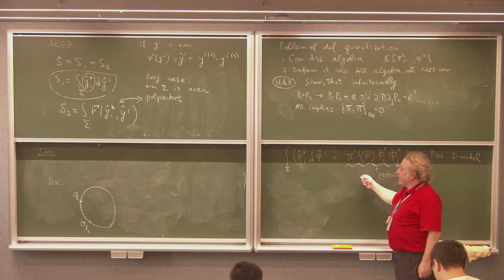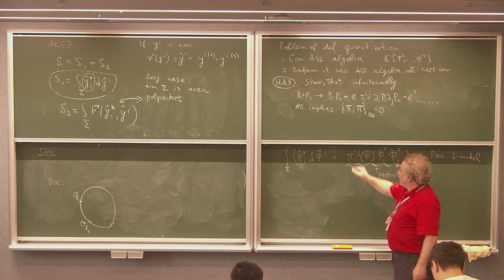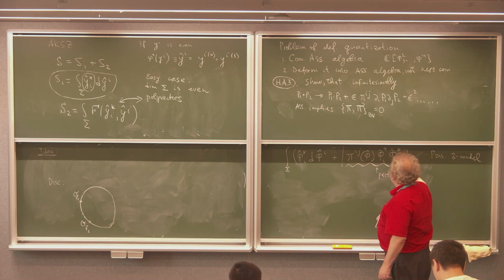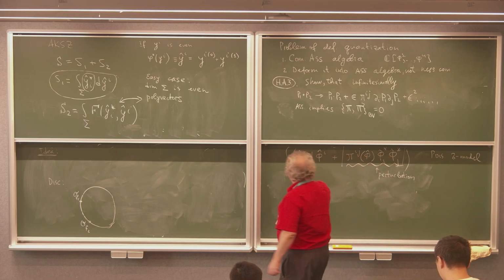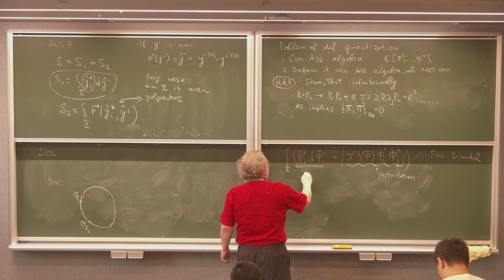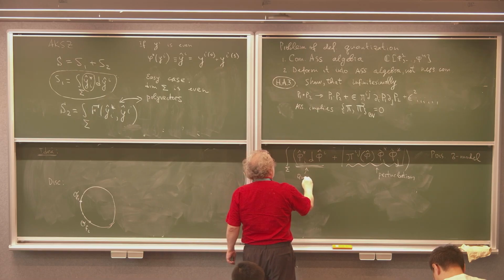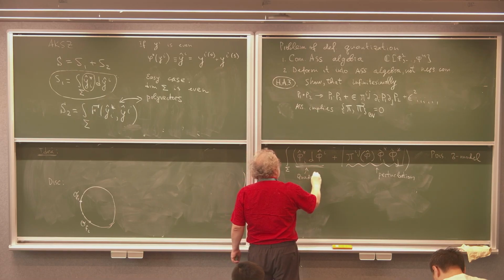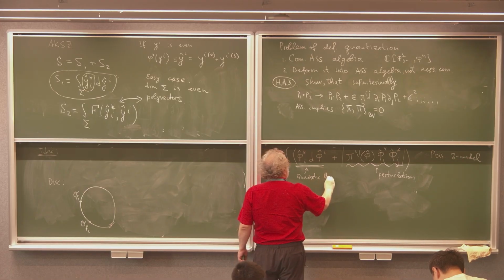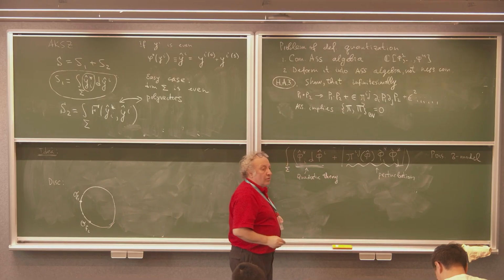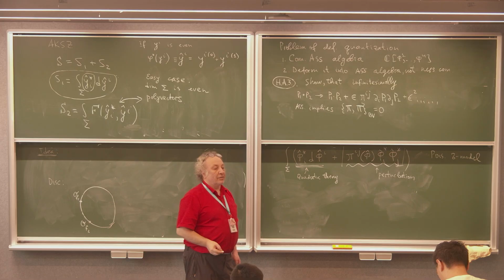So it's good to consider it as a perturbation. If we consider this as a perturbation, then we are left with a quadratic theory, where we know how to compute correlators.